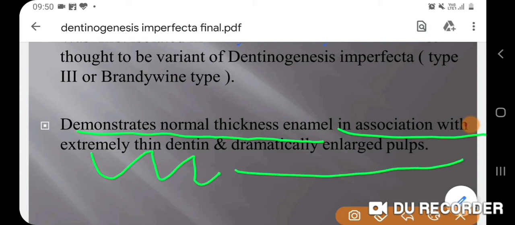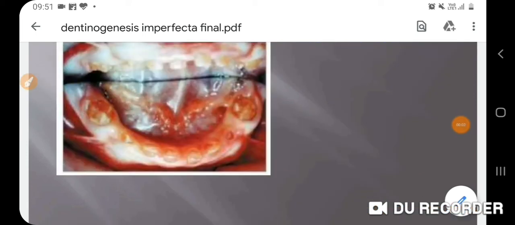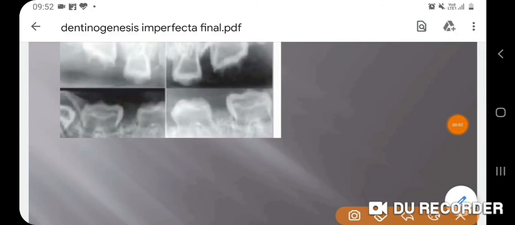That's why the pulp is dramatically enlarged here. These teeth frequently exhibit multiple pulp exposures and are associated with periapical pathology. In the radiograph, we can observe the very thin dentine and dramatically enlarged pulp.